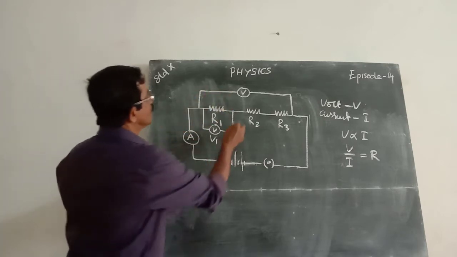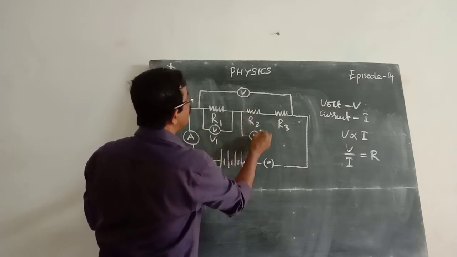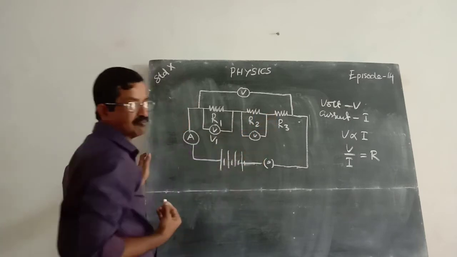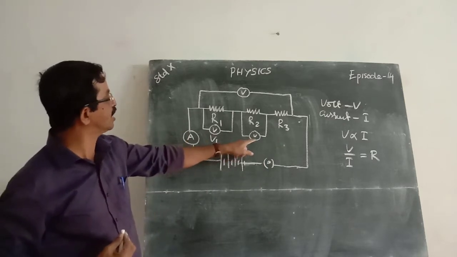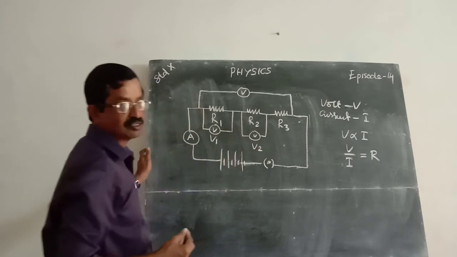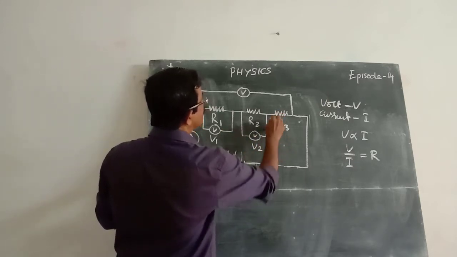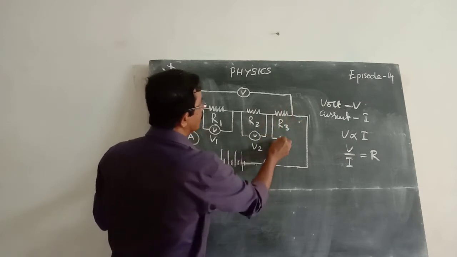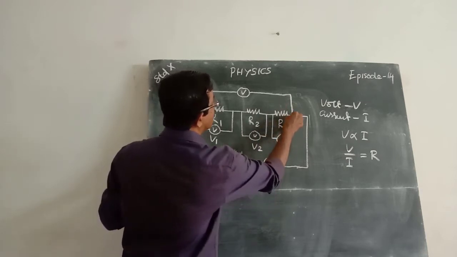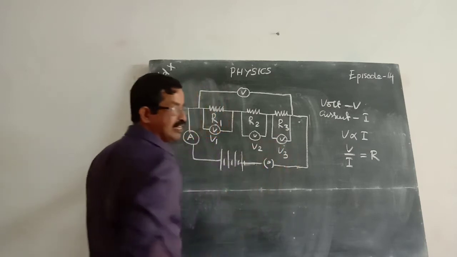Similarly, potential difference across R2: here, if we connect a voltmeter, we get a potential difference V2. And if we connect it between the ends of R3, we get potential difference V3.